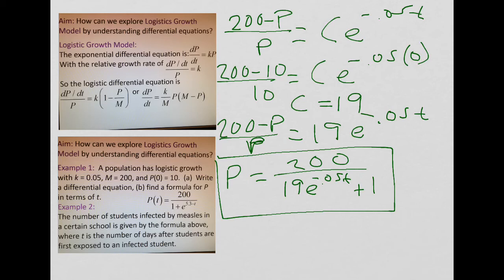We're up to example 2, all right? And notice the format of this answer. It's not exactly the same thing, but they do have that same looking format when it is a logistic growth model. This actually is part of example 2. So example 2 says the number of students infected by measles in a certain school is given by the formula above, where t is the number of days after students are first exposed to an infected student.